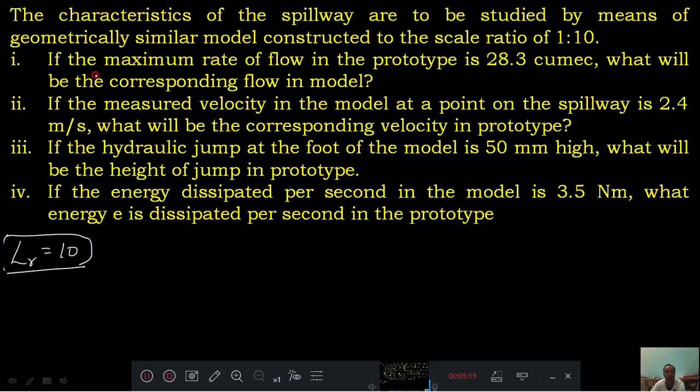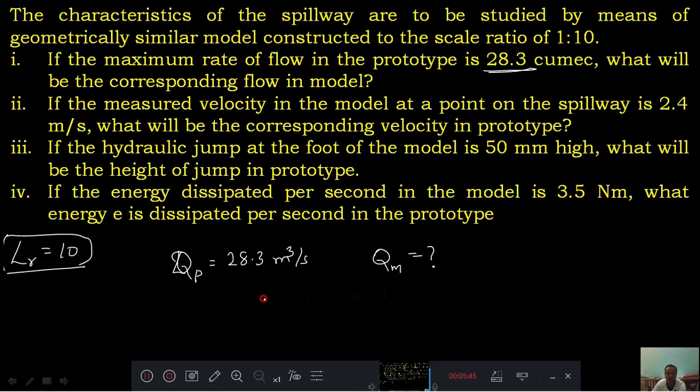If the maximum rate of flow in the prototype is 28.3 cubic meters per second, what will be the corresponding value of the flow in the model? Now see. Prototype, that is QP, is equal to 28.3 meter cube per second. They want QM, unknown.